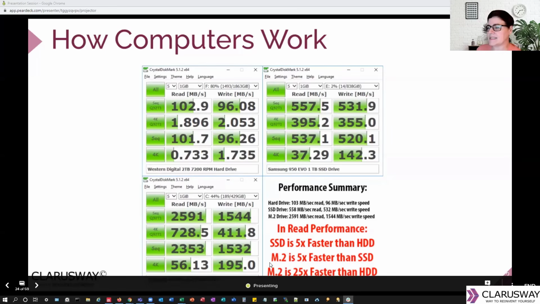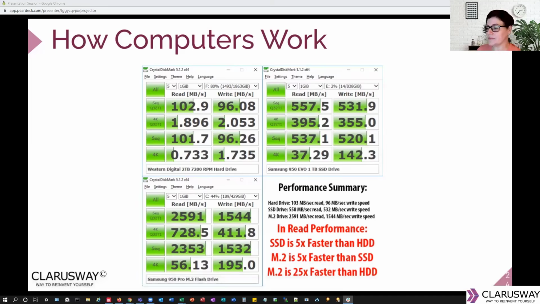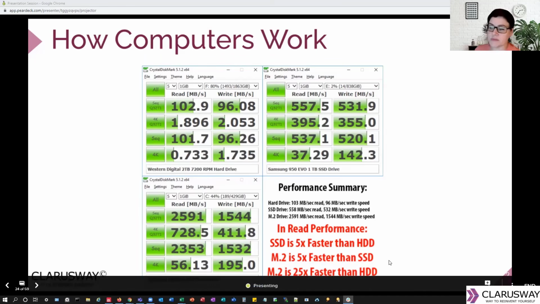And then that other technology that we saw, NVMe, also referred to as M.2, is actually 5 times faster than a solid state drive. So when you work it out, M.2 is actually 25 times faster than HDD. You really don't see new computers being sold these days with hard disk drives. Everything has moved to solid state drives.